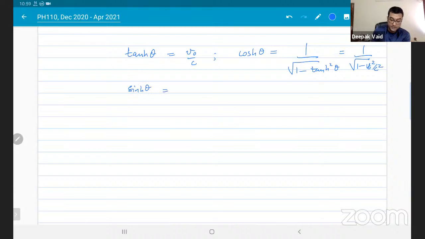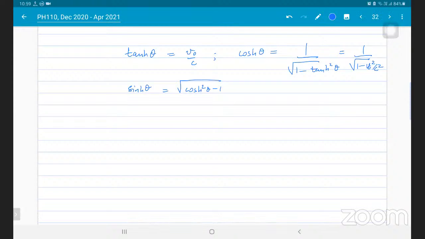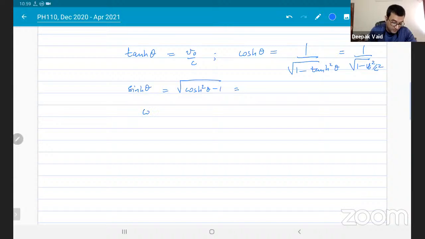And similarly, sinh theta can be written as a square root of cosh square theta minus 1, because cosh square minus sinh square is equal to 1.